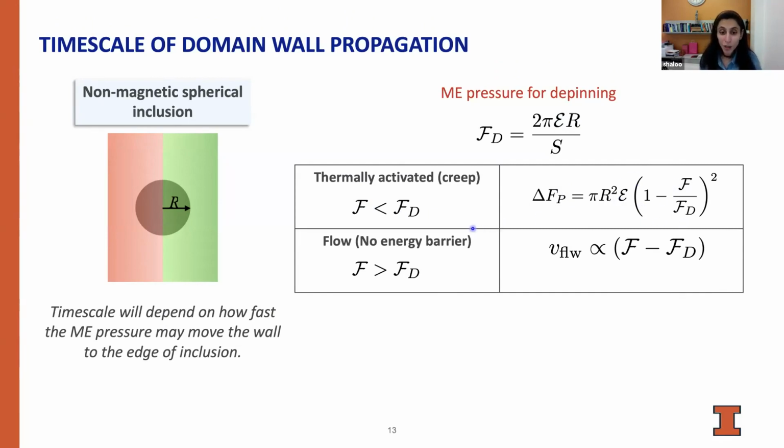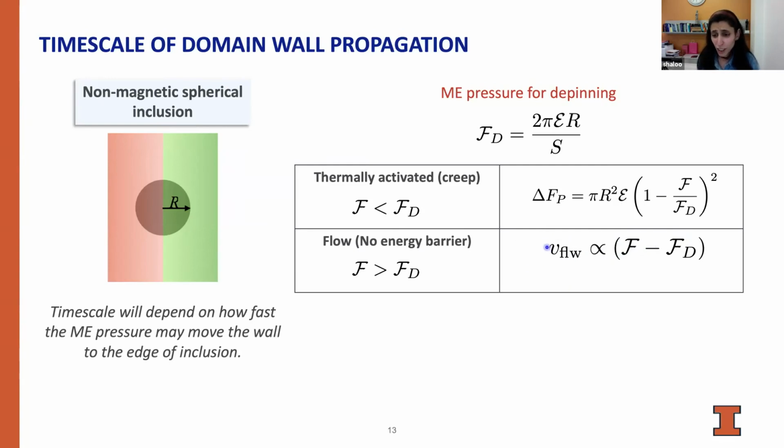On the other hand, when we are in this flow regime, which means that I've applied enough electric field, we need to understand how the domain wall velocity is changing with the applied ME pressure. More or less in the linear regime, it changes proportionally with the difference between F and FD.